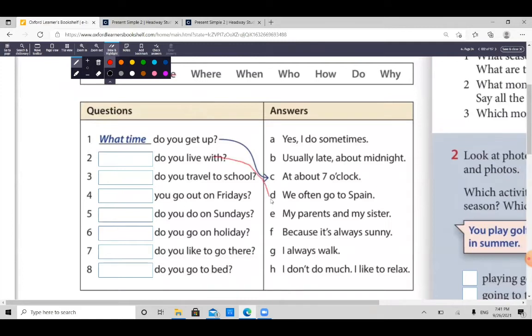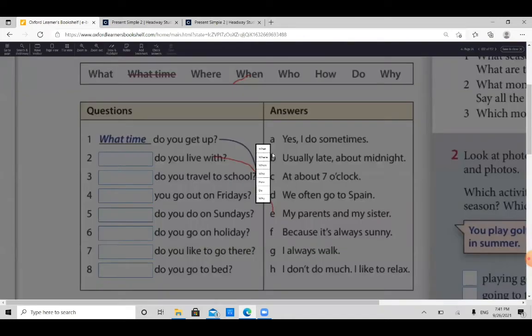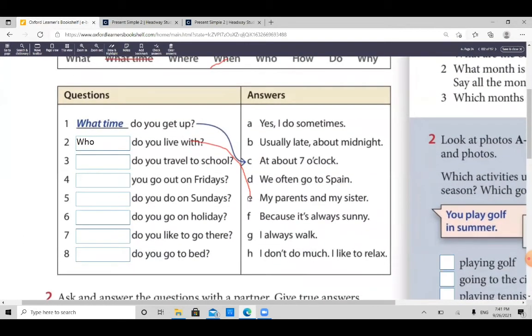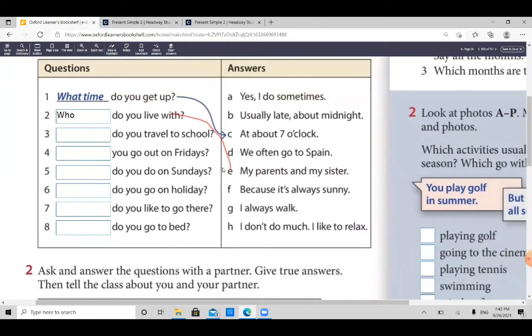So let me see how to type inside it. One minute. So here, who do you live with? My parents.